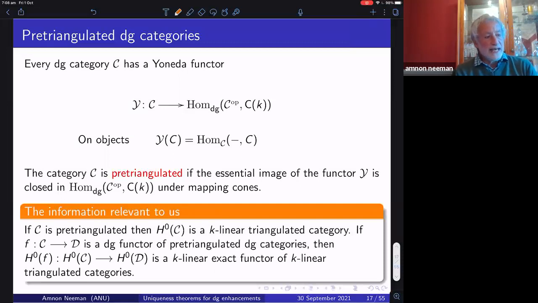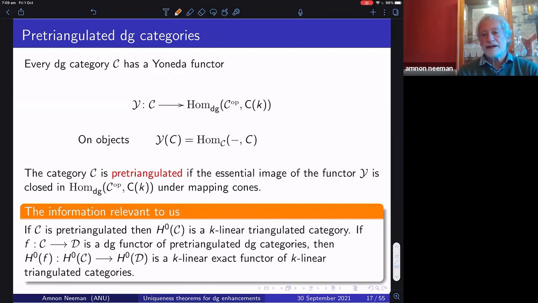Now, a DG category always has a Yoneda functor. Well, I mean, any category has a Yoneda functor, but an enriched category has an enriched Yoneda functor. And because this is enriched, it lands in a DG category, and you can form mapping cones in the category of modules.